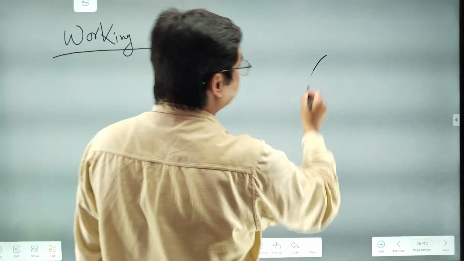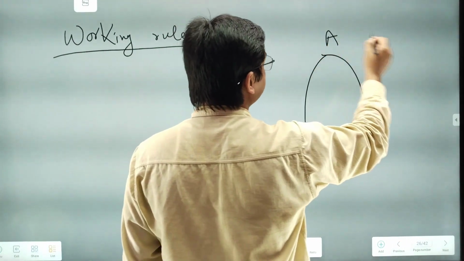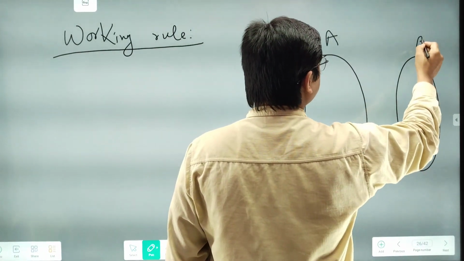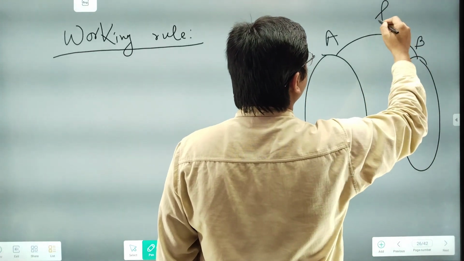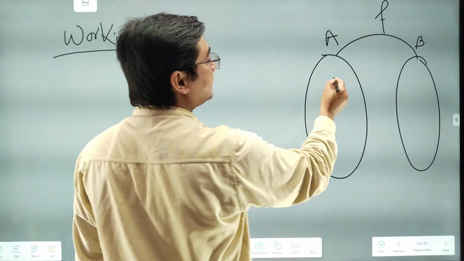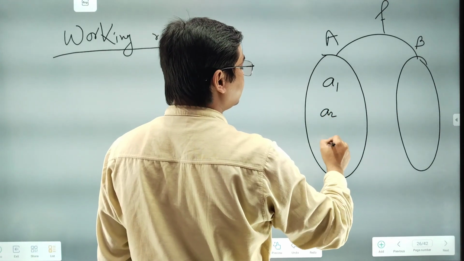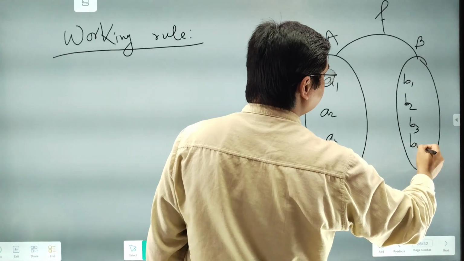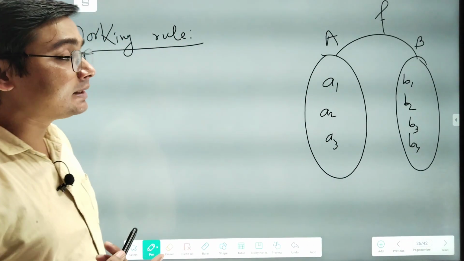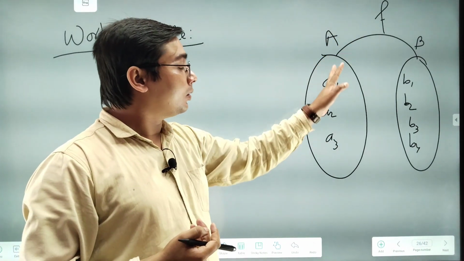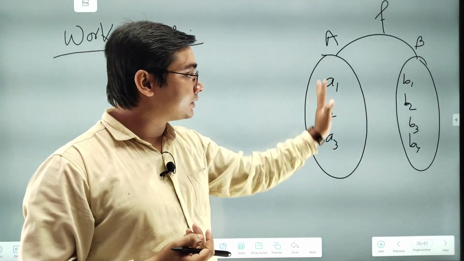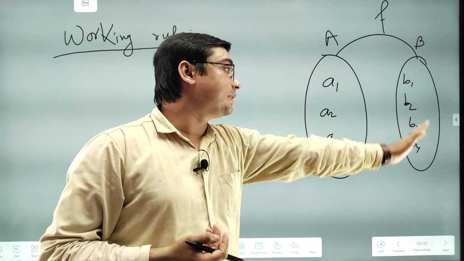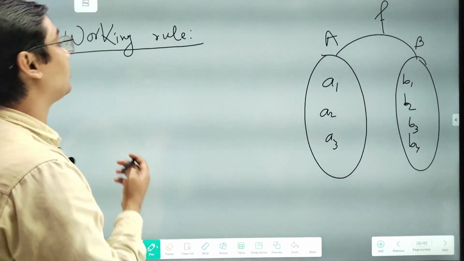So suppose A is a set, B is a set, and f is a function, with some elements a1, a2, a3 and b1, b2, b3, b4. In case of one-one, any two distinct elements of this set have distinct images in this set. So what will be the working rule?